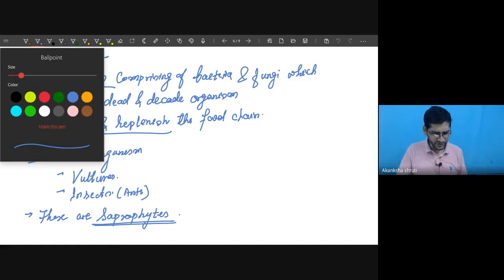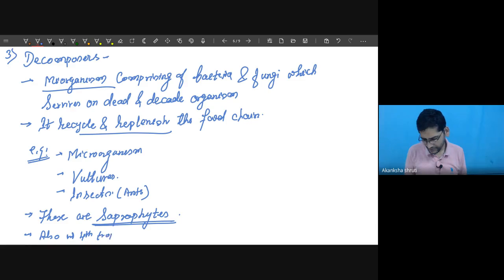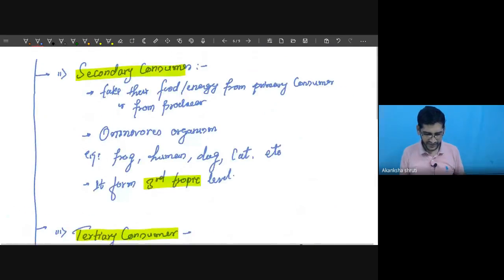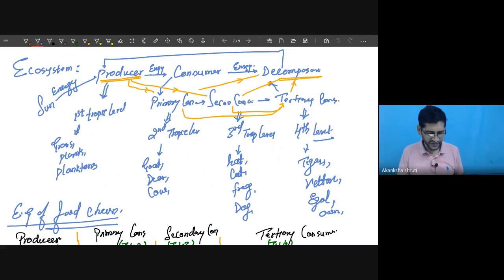Students, this decomposer also falls in the fourth trophic level, but it helps in recycling or connecting the cycle back. So these things are very important for you.